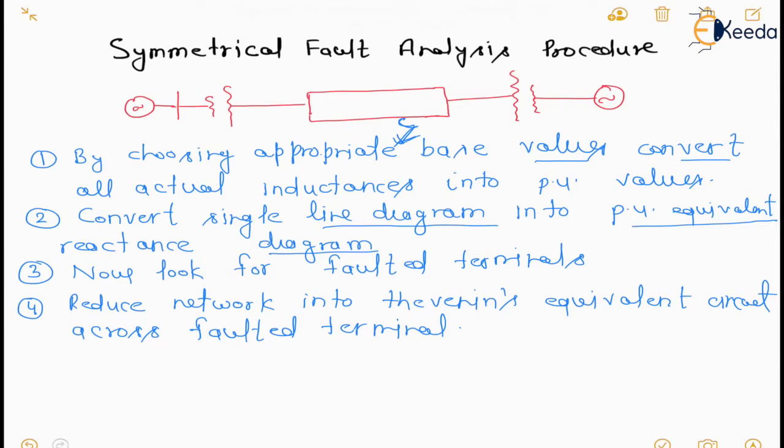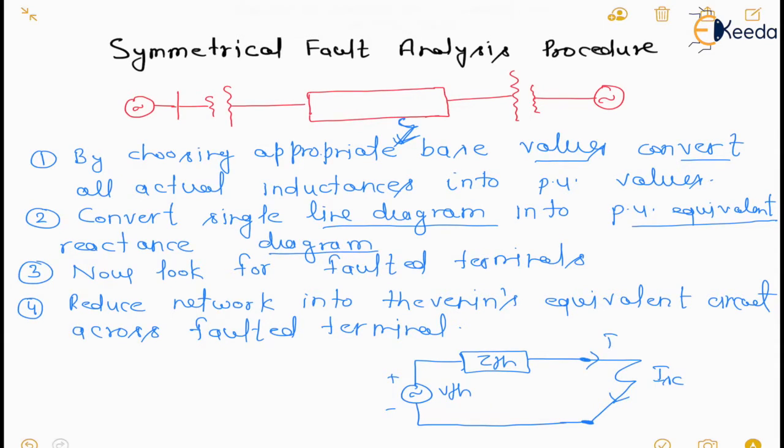So for Thevenin's equivalent, we know this is an AC circuit, so this will be ZTH and this will be plus minus VTH, and if the short circuit has zero fault impedance, then we can simply do that. So ISC we can calculate from here, that will be VTH upon ZTH.